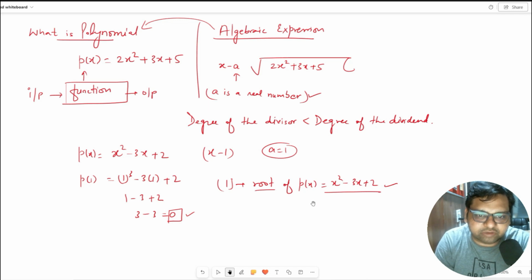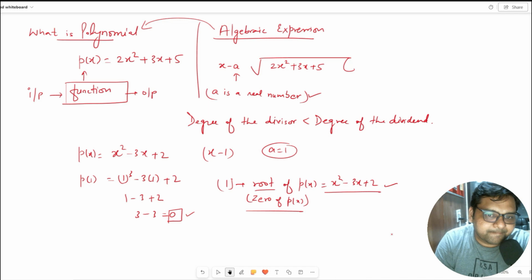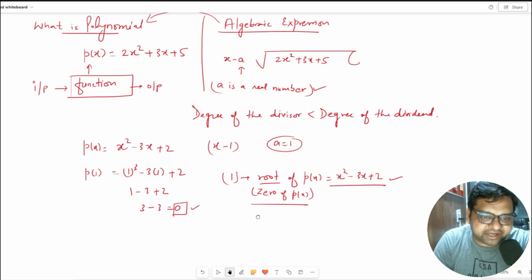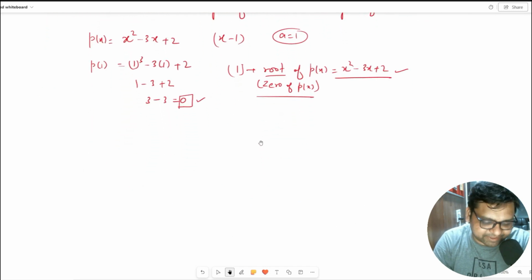I know it sounds slightly ridiculous that we are calling a root 0 because it confuses students कि 0 किसकी बात हो रही है. So root is also called as 0 of polynomial. Okay, so this is also written in the book. So this is how things work, and we can go to more examples.